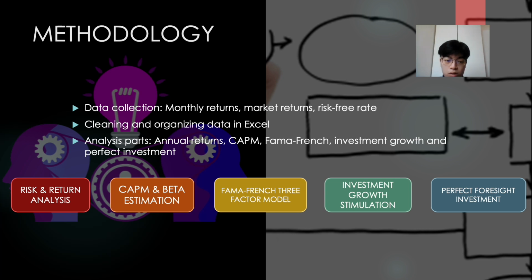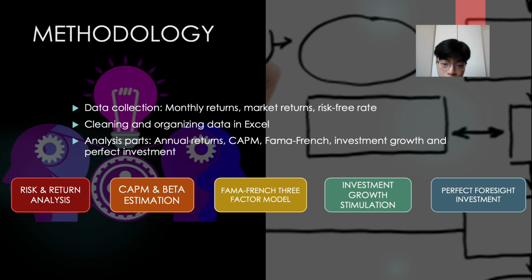And the next part is the CAPM beta estimation. We estimate the CAPM beta for each stock by regressing the stock returns against the market returns. This allows us to measure each stock's sensitivity to market movement.